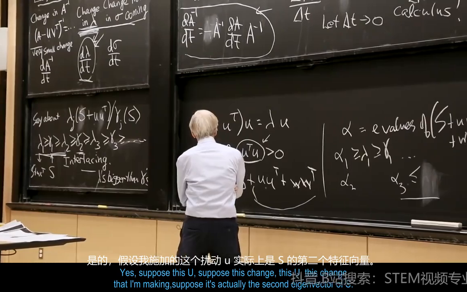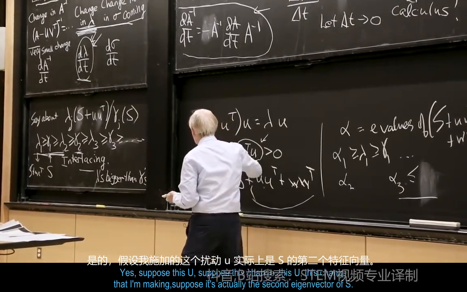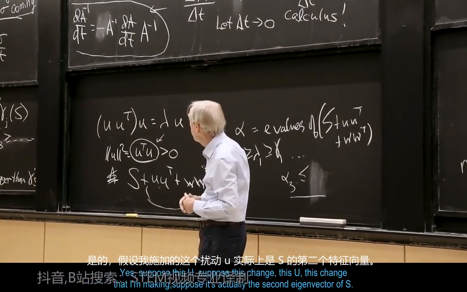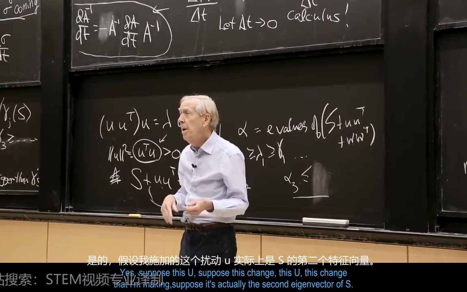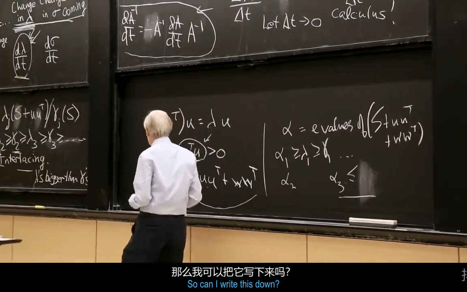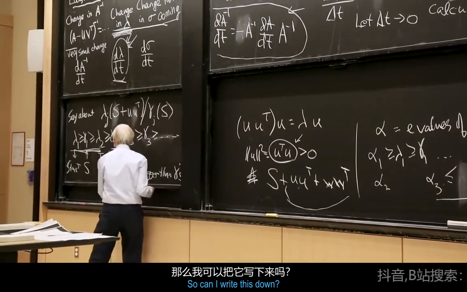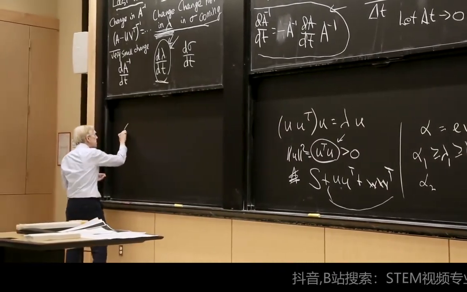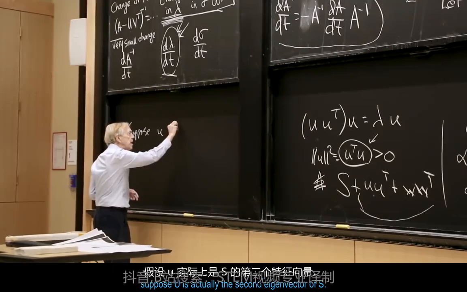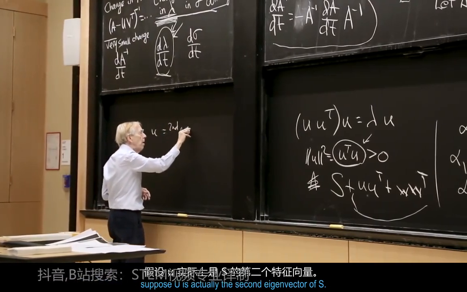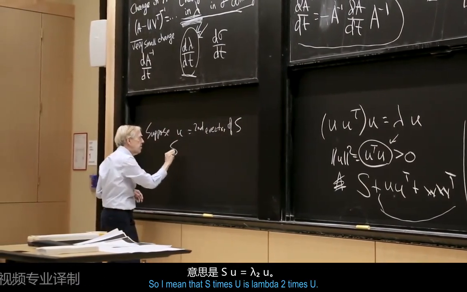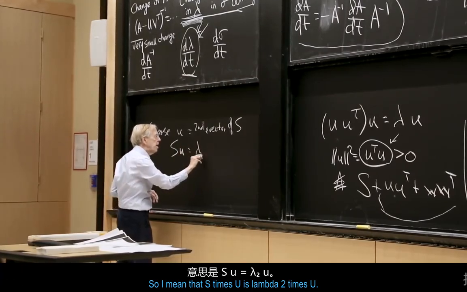Suppose this u, this change that I'm making, suppose it's actually the second eigenvector of S. So can I write this down? Suppose u is actually the second eigenvector of S. What do I mean by that? So I mean that S times u is lambda 2 times u.